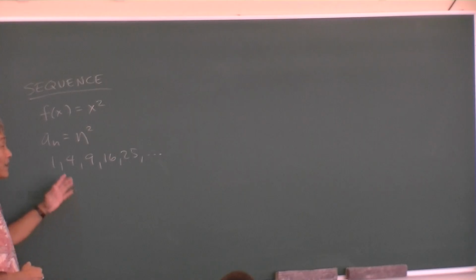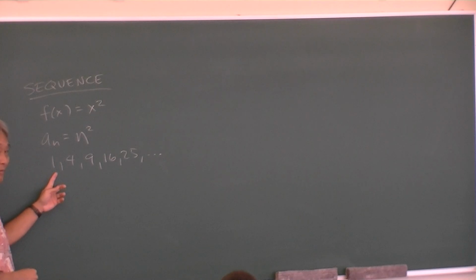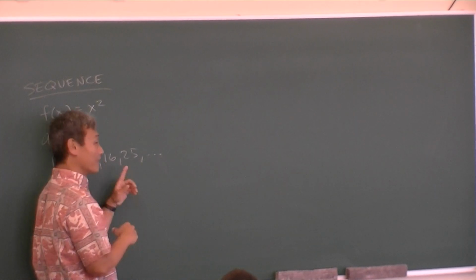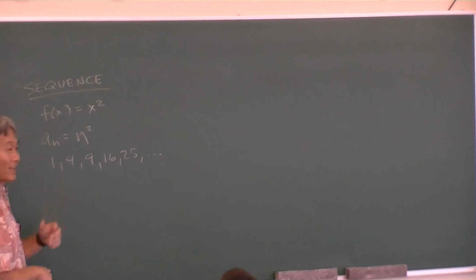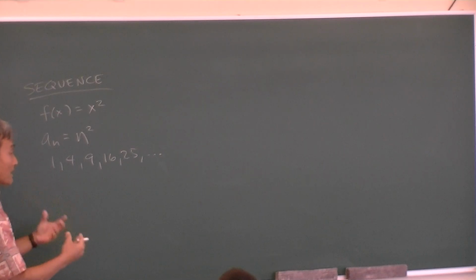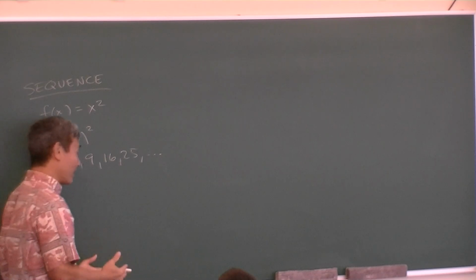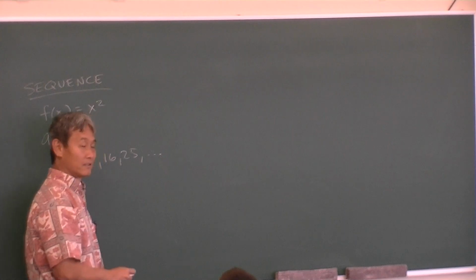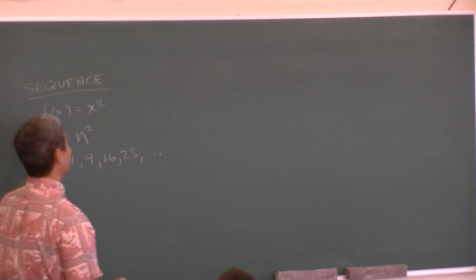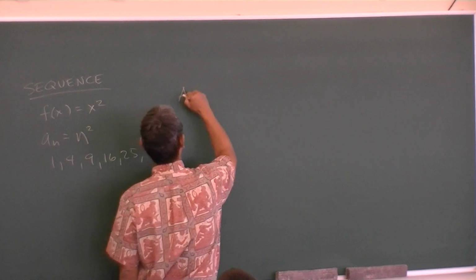You start by plugging in 1 because that's the first term. And then the second term, the third term, the fourth term, the fifth term. There's no such thing as the 1.5 term, right? Or the -4th term. You start with the first term. That's why the domain is the positive integers. You get it?